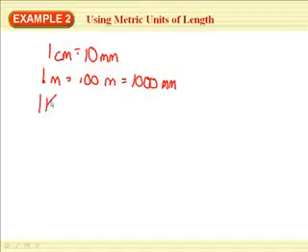And 1 kilometer, km, equals 1,000 meters. I'm getting these on the top of page 60. I know it's not a key concept box, but those are vocabulary, so add those to your notes.